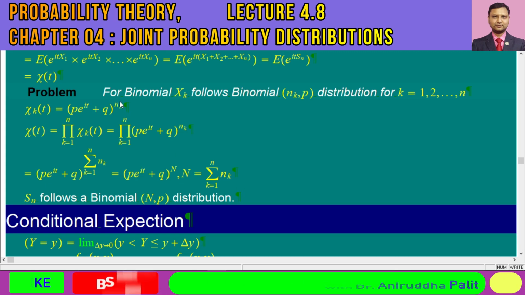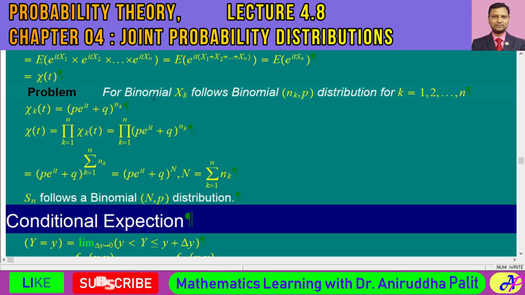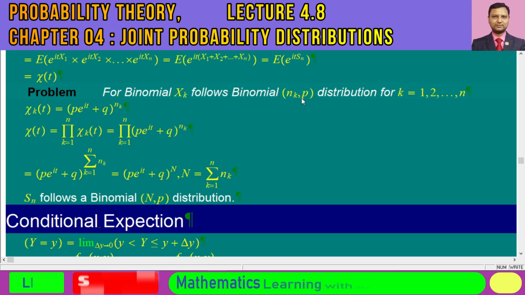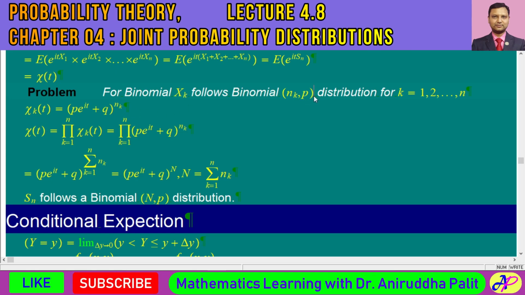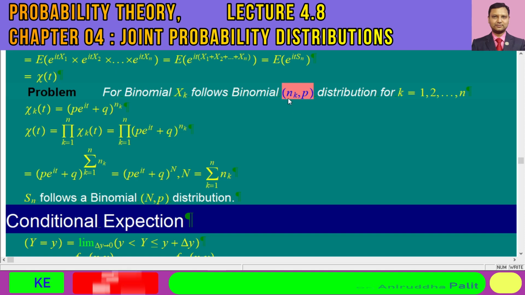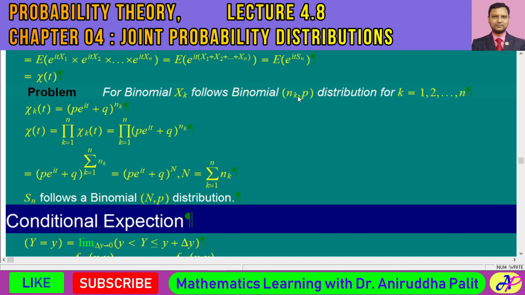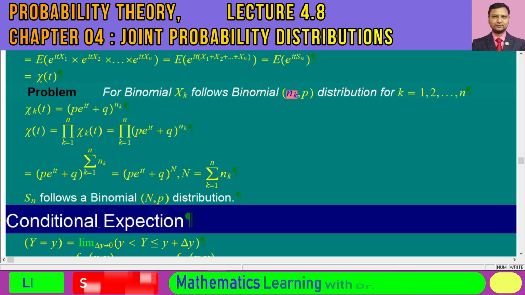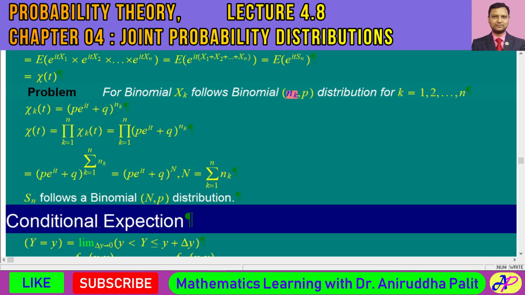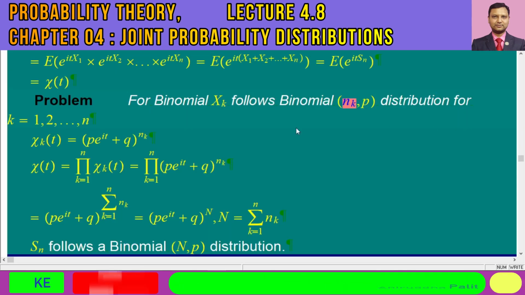You can consider the binomial distribution. We know the characteristic function of a binomial n, p distribution. Over here, in place of n, we are considering the parameter nk, because we shall have to deal with n number of binomial variates.